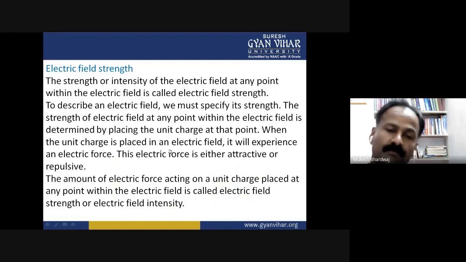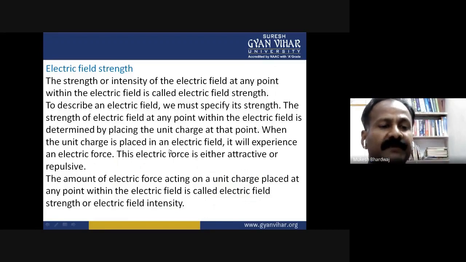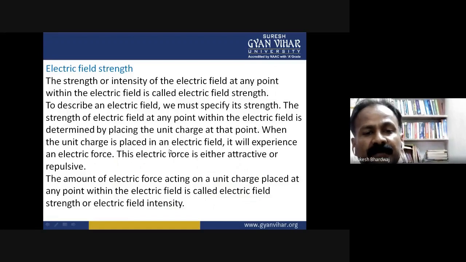So, more specifically, we can say that there is a region of space around a charge or a system of charges within which other charged particles experience electrostatic force. This region is spoken of as electric field.